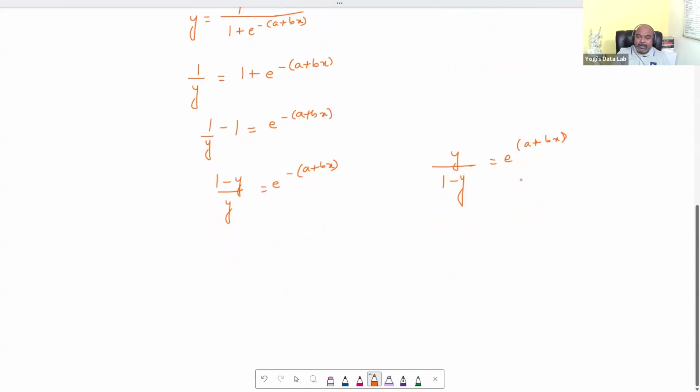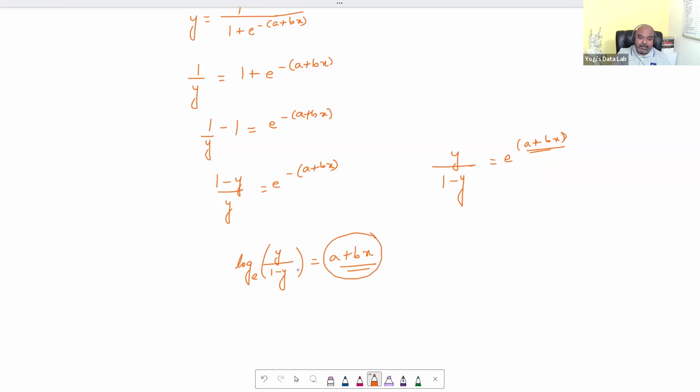I have an exponential here. So if I have to bring a plus bx to the base, I will take log to the base e on both sides. Log to the base e of y upon (1 minus y) is equal to a plus bx. Now this is where y is dependent on a single variable x, but it is a linear equation, which we have seen in linear regression already.